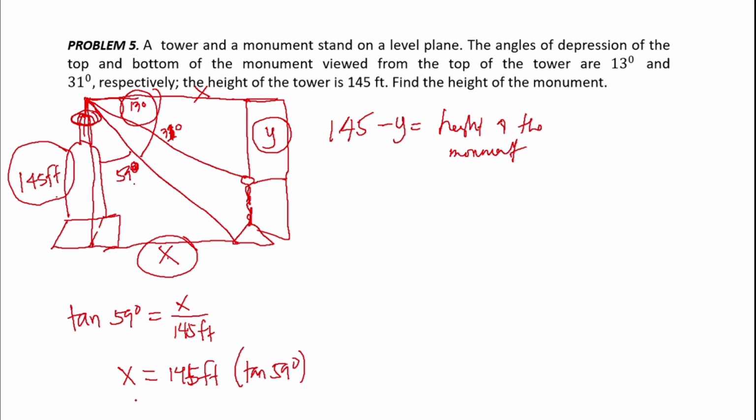So that is the value for our tangent, which is 145 tangent 59 degrees. So our x here, if we're going to compute, we have 145 times tangent 59 degrees. The result of this one. Okay, so we have here tangent 59 degrees, opposite over the adjacent.